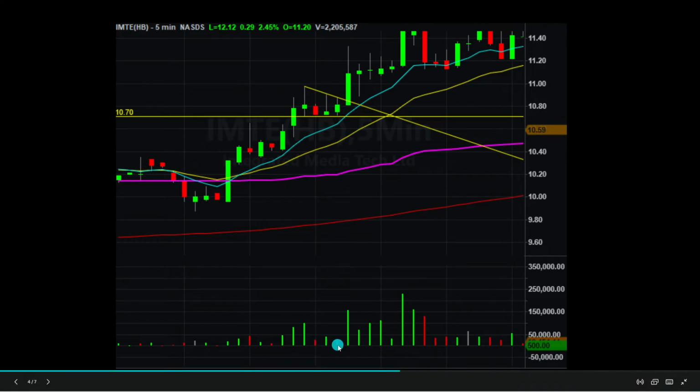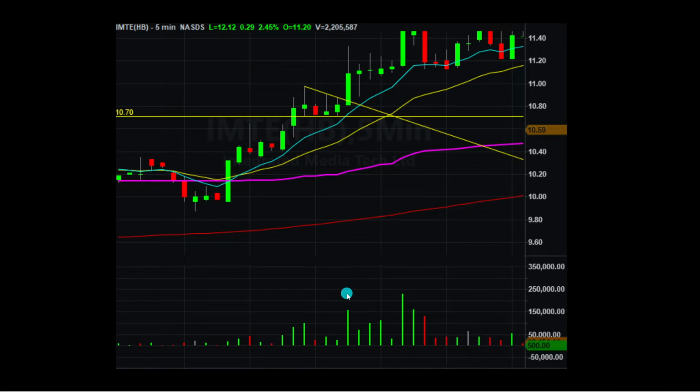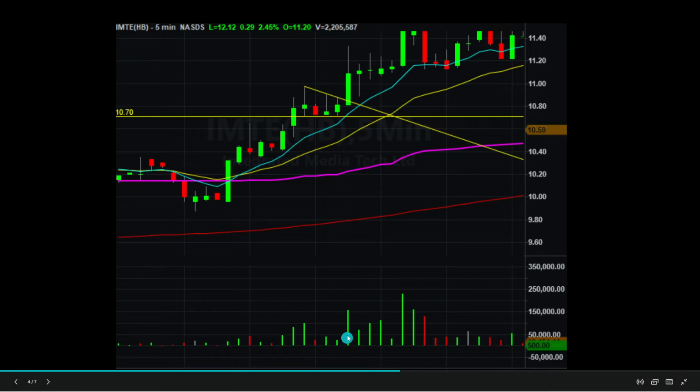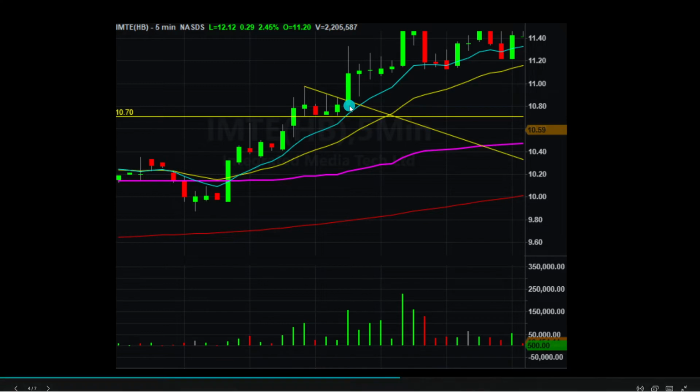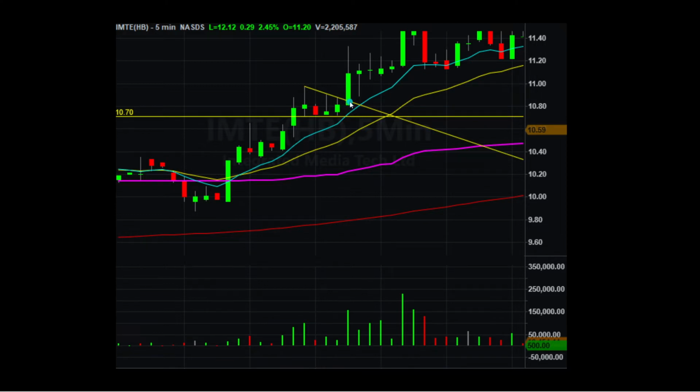You see the light volume? And then the breakout, which is this candle, you see the extra strong volume. This is an indication that many other traders were actually watching that pattern. That's why you see that strong volume and the breakout where it went up. And you could have made a big amount of money or profit in this area.